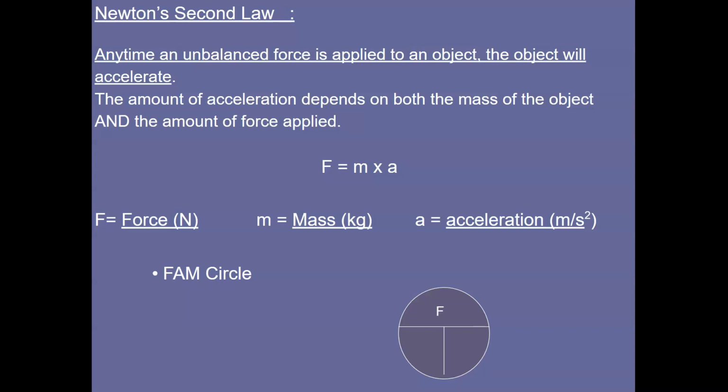Okay, so we have force on the top here because force is measured in newtons. And we have both mass in kilograms and acceleration in meters per second squared on the bottom. So what this circle represents is that the force on the top could be calculated by multiplying the 2 variables on the bottom.